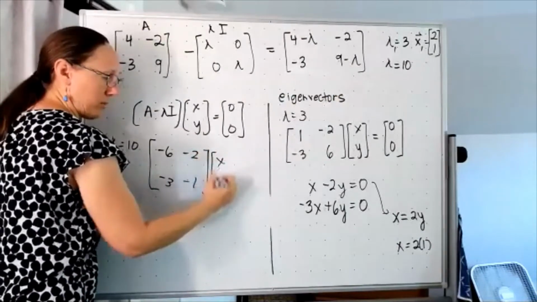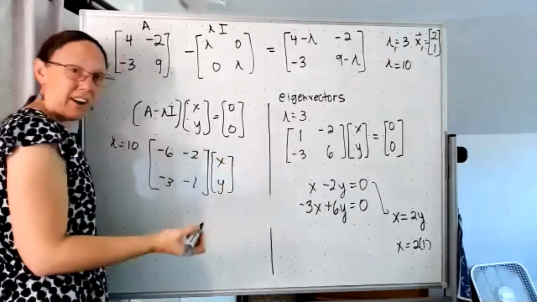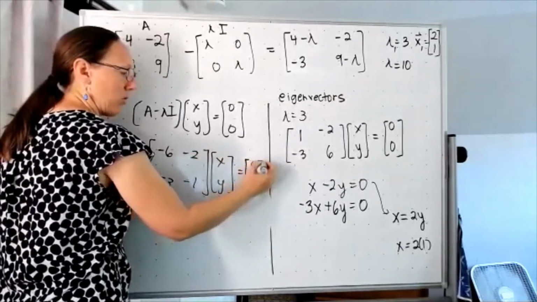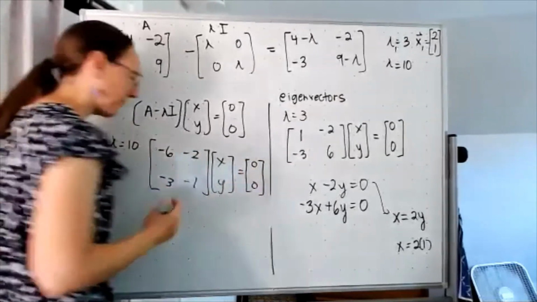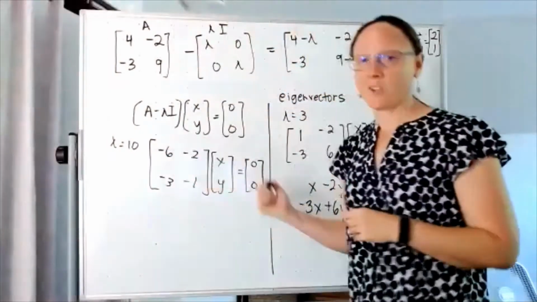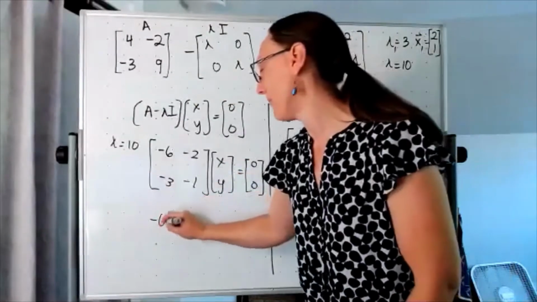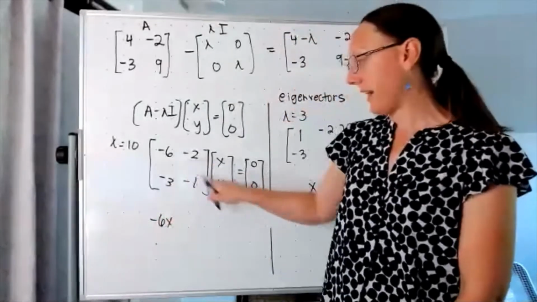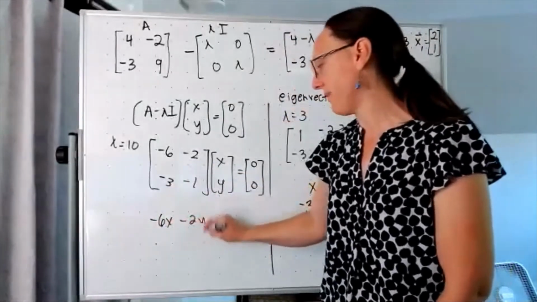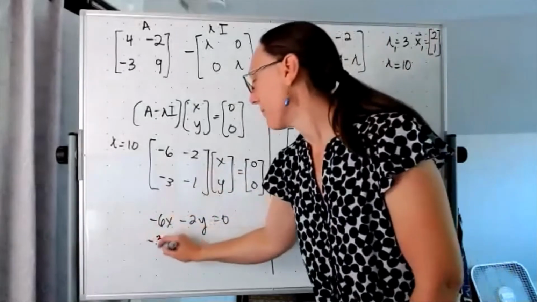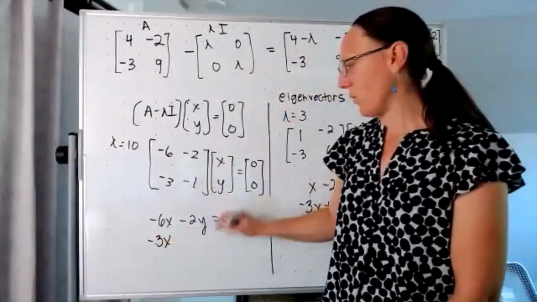That whole thing will be multiplied by my generic XY vector to give me the 0 vector. When I distribute this out, I'll have -6 times X plus -2 times Y. And on the bottom row, -3 times X plus -1 times Y.